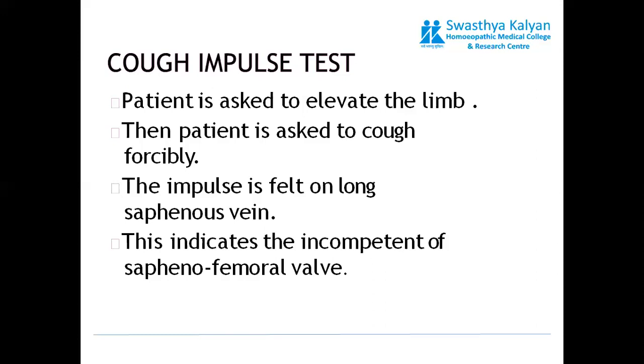It's a sort of physical examination. You keep your hand at the saphenous vein, and then you ask the patient to cough. If the cough gives an impulse at the saphenous vein, then it's a positive test that the person is suffering from incompetency of the saphenofemoral valve.